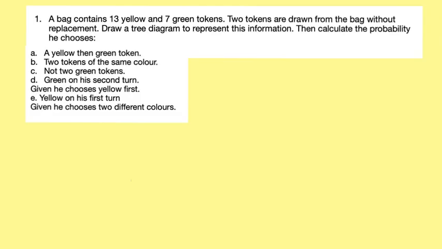Question 1. A bag contains 13 yellow and 7 green tokens. 2 tokens are drawn from the bag without replacement.